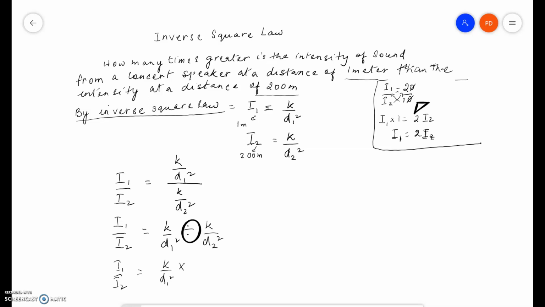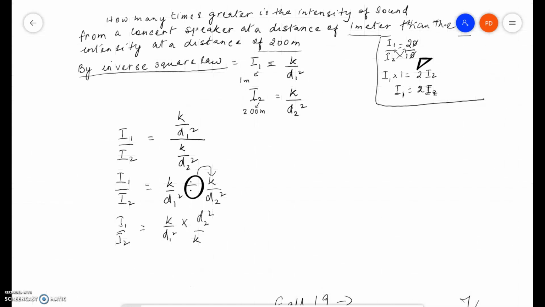We change division to multiplication, but then immediately what we need to do is flip the fraction to get D2 squared over K. So we flip the fraction to the right of the division symbol. So now the K's, the constants, K is a constant, that gets cancelled. And I1 over I2 is equal to D2 squared over D1 squared.